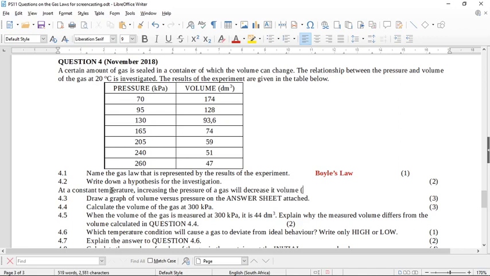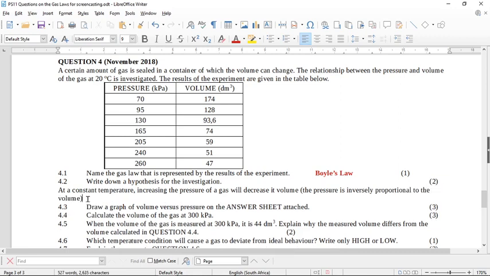And then you can write here, the pressure is inversely proportional to the volume. So when you do this, always check that you have both variables. If there's a controlled variable, try and mention the controlled variable as well, but make sure that you state what you are doing. Okay, we are not fiddling with the volume, we're fiddling with the pressure. So you have to say increasing the pressure of the gas will decrease its volume. We've actually made a prediction here because this is a hypothesis.